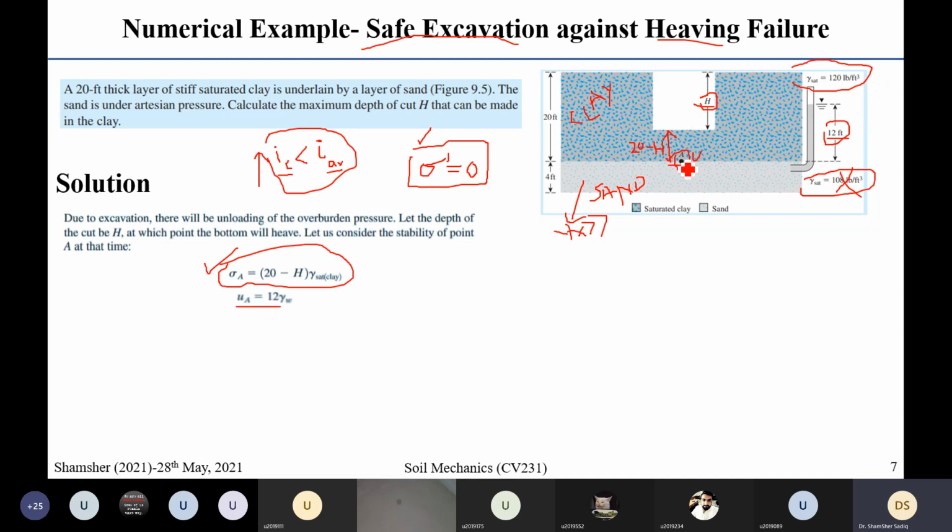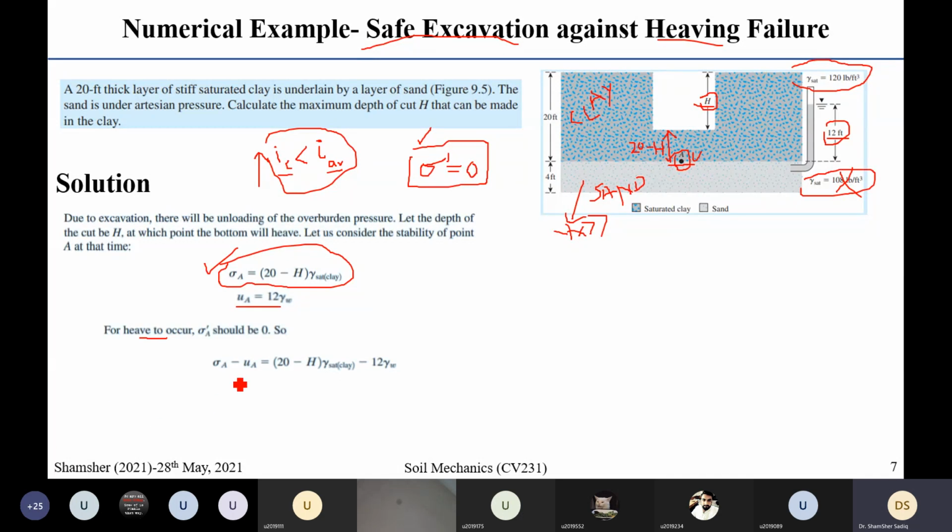Now if you want to calculate the effective stress at A, then simply sigma subscript A minus pore water pressure subscript A will be your effective stress, and that has to be zero for the heave failure or the quicksand condition.